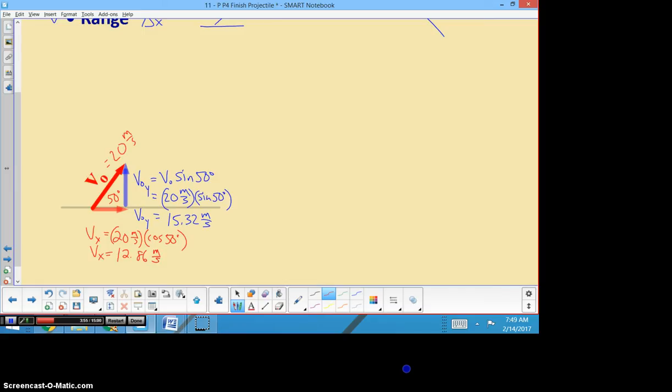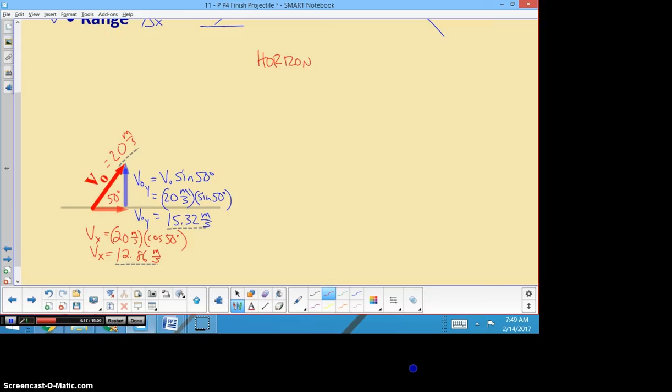So now that we have identified those two velocities, we're not going to really use the 20 meters each second anymore. We're going to now focus our motion on these two different components, the horizontal and the vertical.